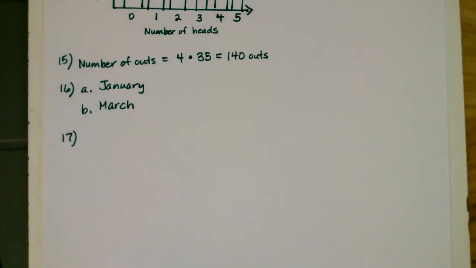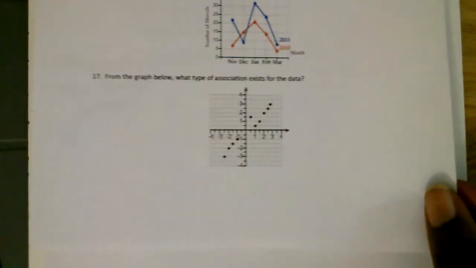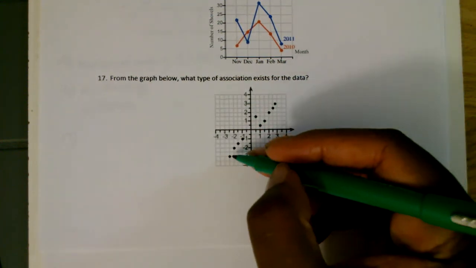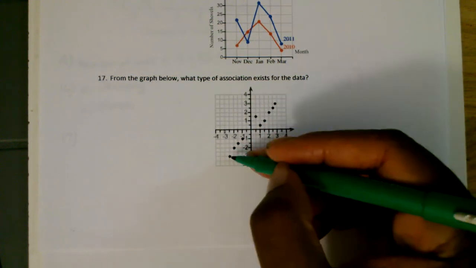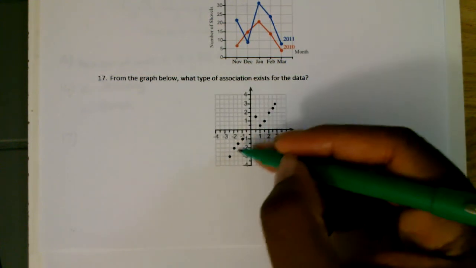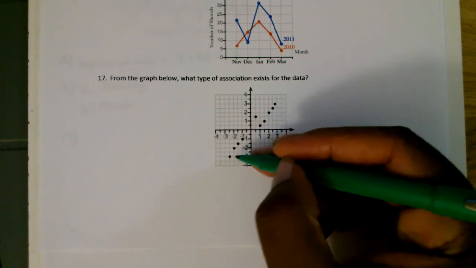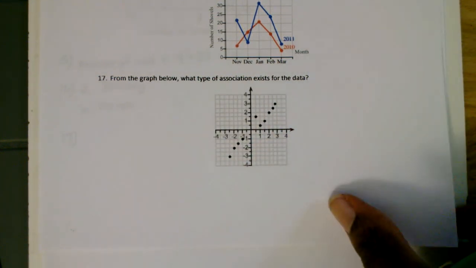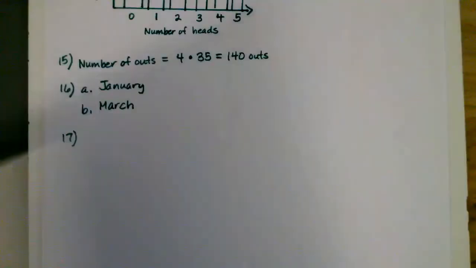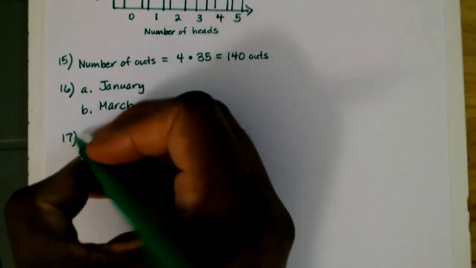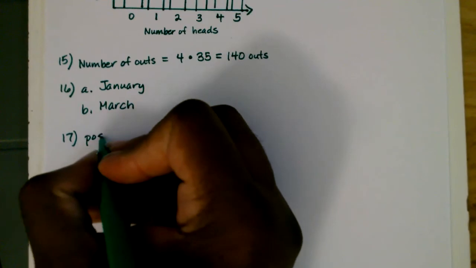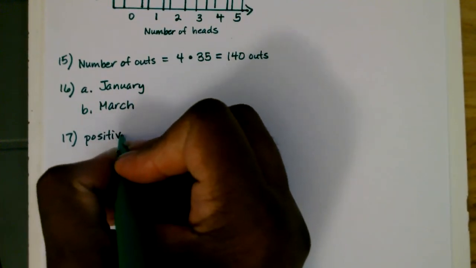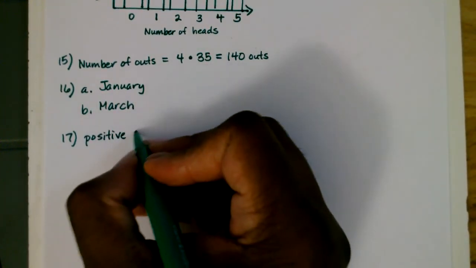Problem number 17. From this graph below, what type of association exists for the data? All right, notice that the graph, if you go from left to right, these dots are increasing from left to right. So that tells me that this graph has a positive association.